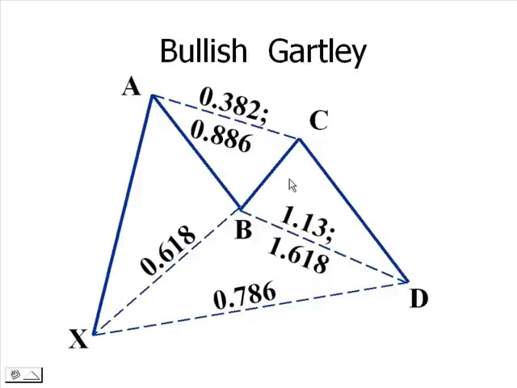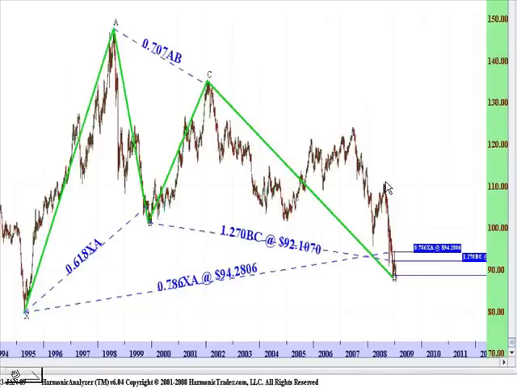So this M type of structure keys right here at a 61.8% B point retracement. Then the other measurements are done to project the D area down here.